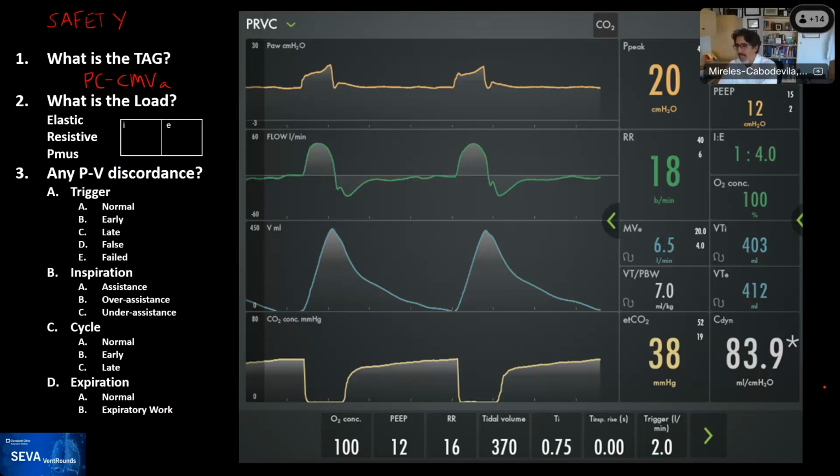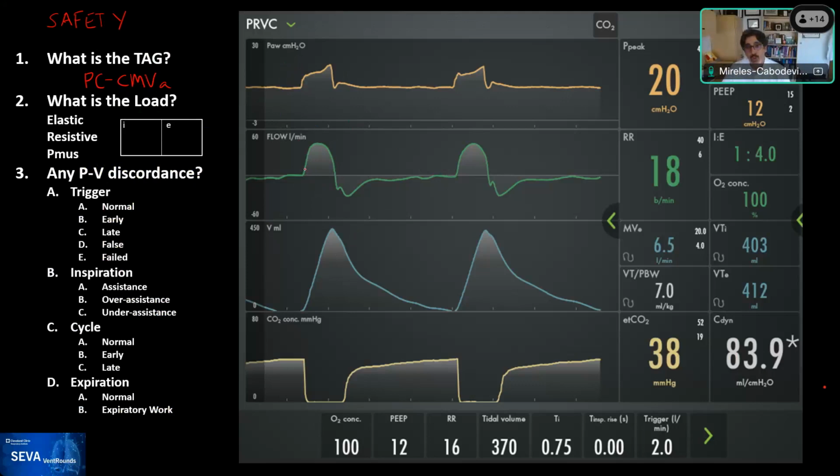Rob? It covers everything. All right. In terms of CMV, that means that all breaths are mandatory. And just looking at these breaths that you have active right here, immediately, this is a servo ventilator. And when a breath is triggered by the patient, it changes color, either on the pressure or the flow waveform.